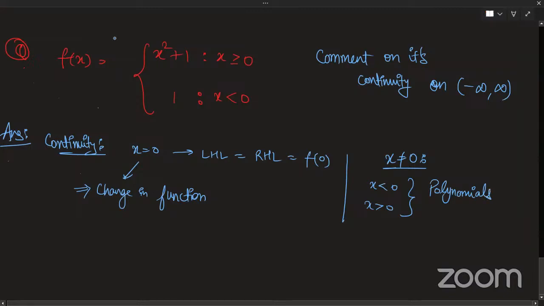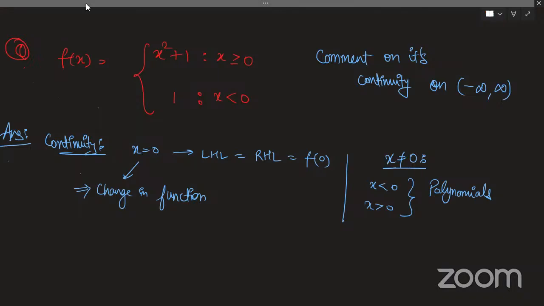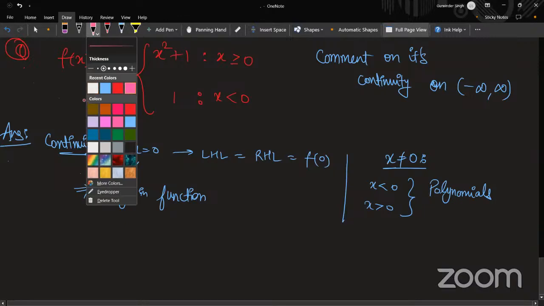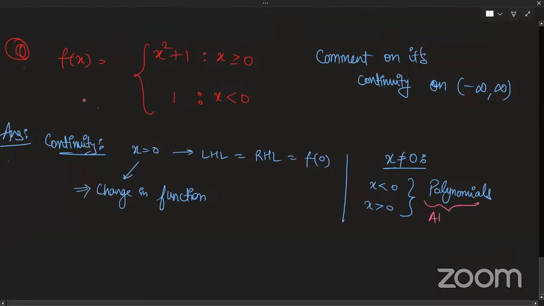Everyone, do you agree? x square plus 1 is a polynomial function, and 1 can also be treated as a polynomial function, a constant function, and polynomial functions are always continuous. Yes, sir, you have said that.